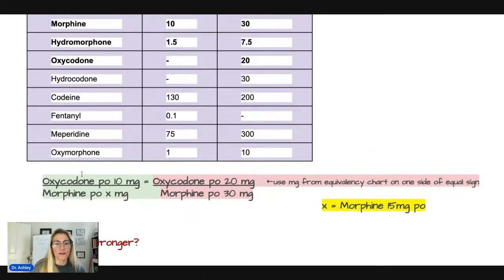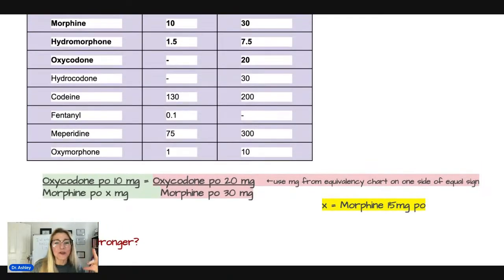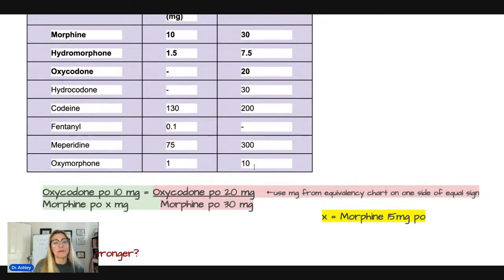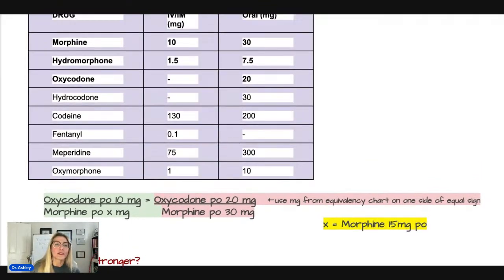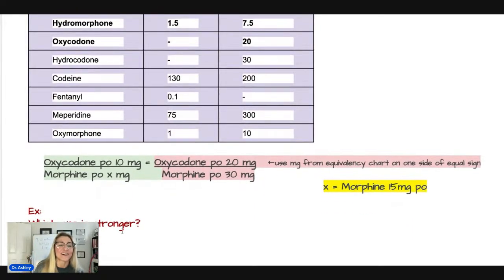Morphine 30 or oxymorphone 10, that's equivalent. So milligram per milligram, oxymorphone is stronger because it has lower milligrams here. It doesn't take as many milligrams to equal the same amount of potency of morphine. So the oxymorphone is stronger. So you see how it changes if you put milligrams after it.